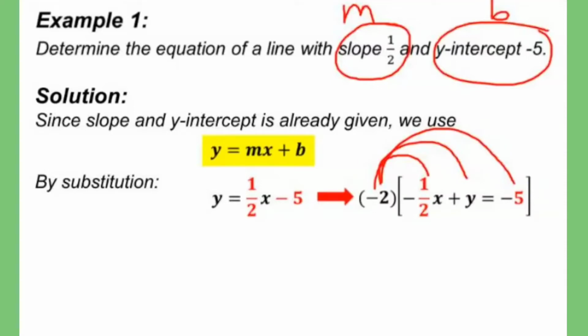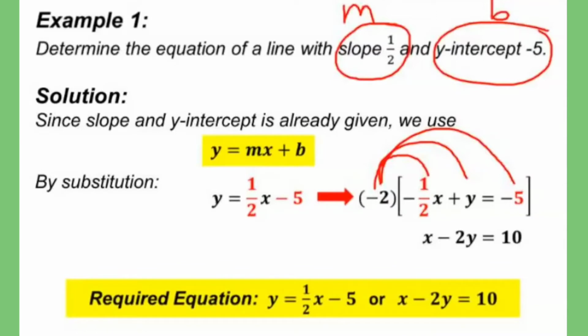Therefore, we now have our new equation as x minus 2y equals +10. And this is already the standard form of our required equation. Hence, the required equation is y is equal to 1/2 x minus 5 or x minus 2y equals 10.